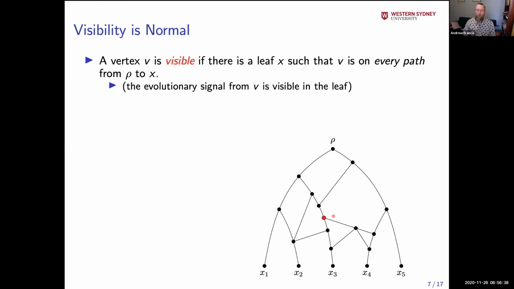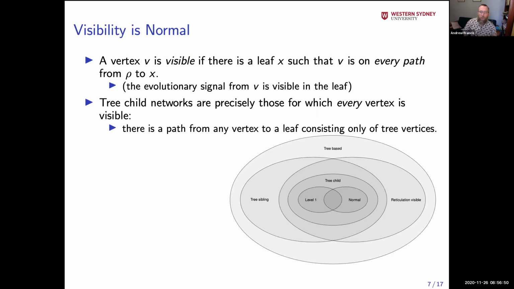So that means that if you're looking at the data at your leaves, you've got a chance of seeing a signal from that vertex. So tree-child networks are those for which every vertex is visible. I said on the previous slide that reticulation-visible networks are those for which every reticulation vertex is visible. Tree-child networks have every vertex visible.